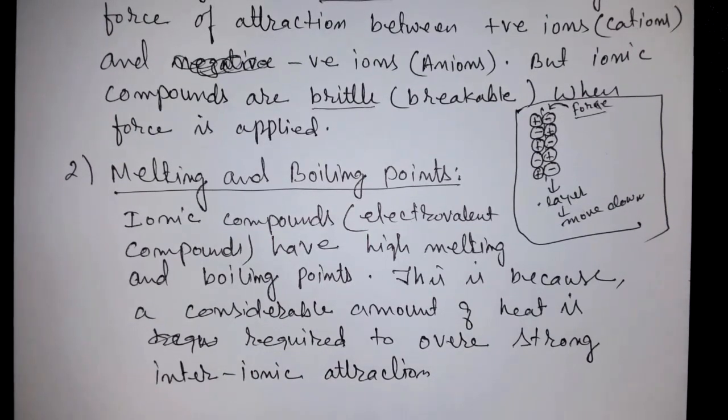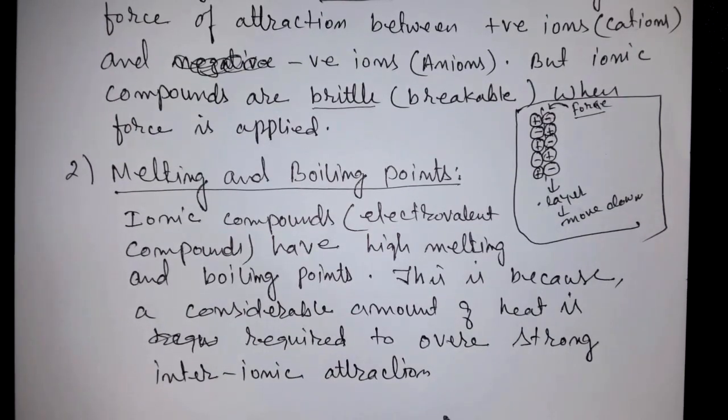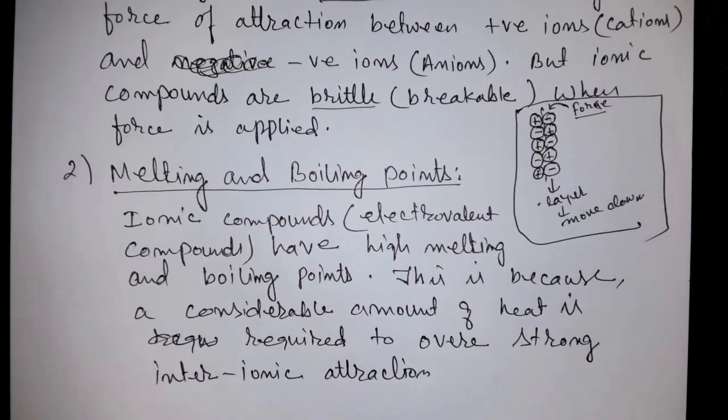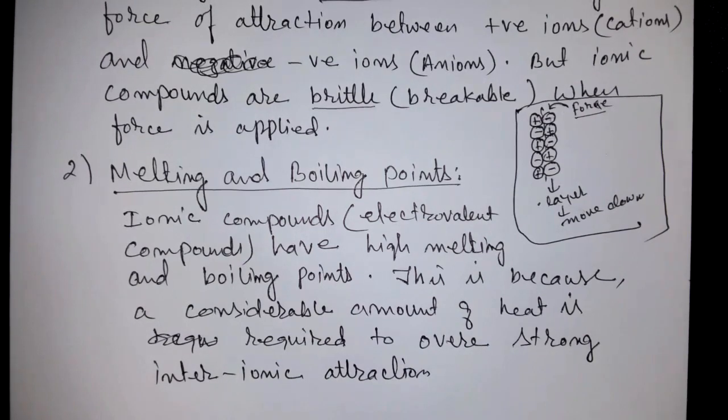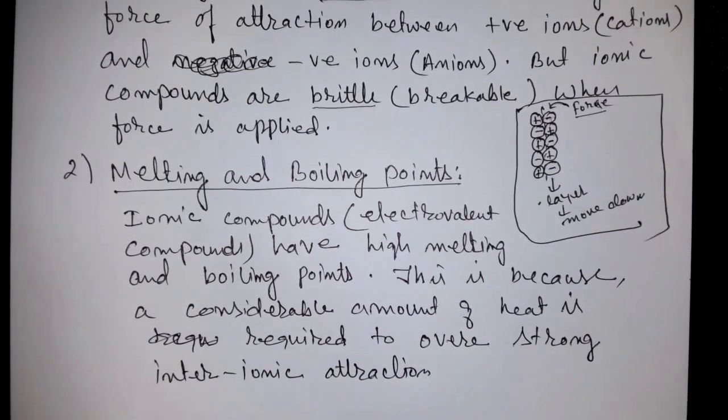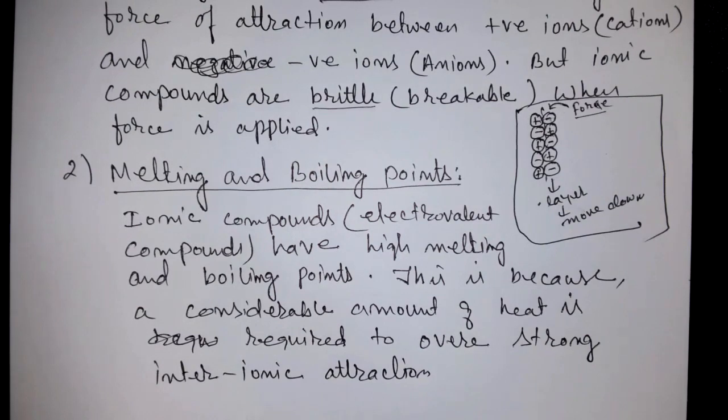That means between ions there will be a strong force of attraction. So if any solid wants to melt or liquid wants to boil, too much heat is needed, then only the ions will go far, because they are having strong force of attraction.